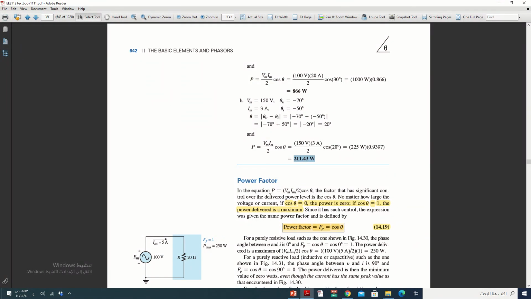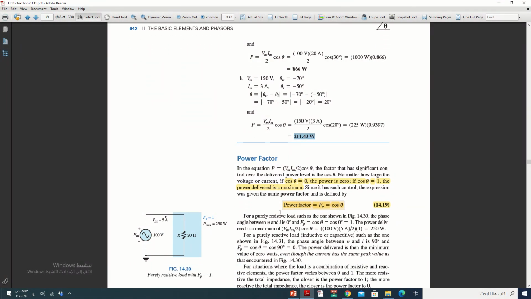Last part in this chapter, we'll talk about power factor. The power factor is cosine theta, and theta is theta v minus theta i. The power is 0 if cosine theta equals 0. If cosine theta equals 1, the power delivered is the maximum.